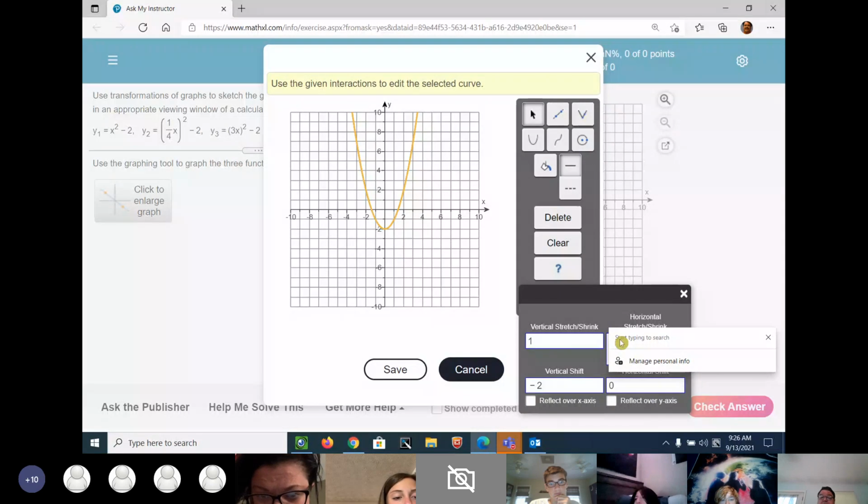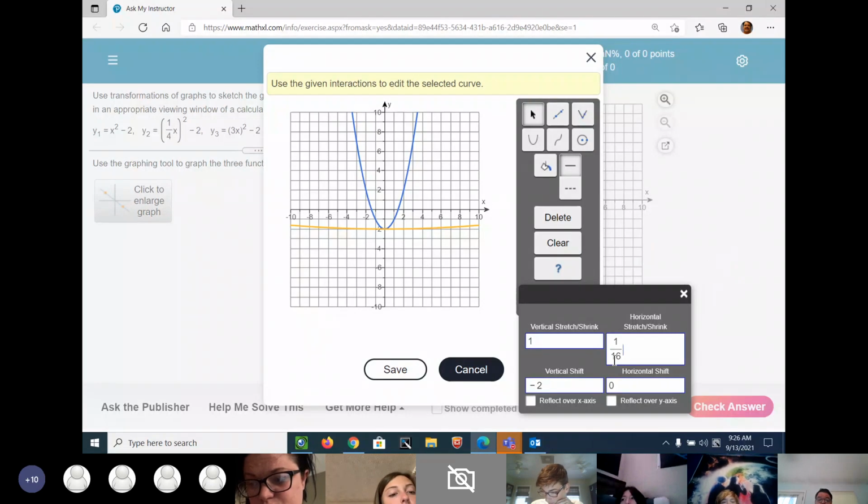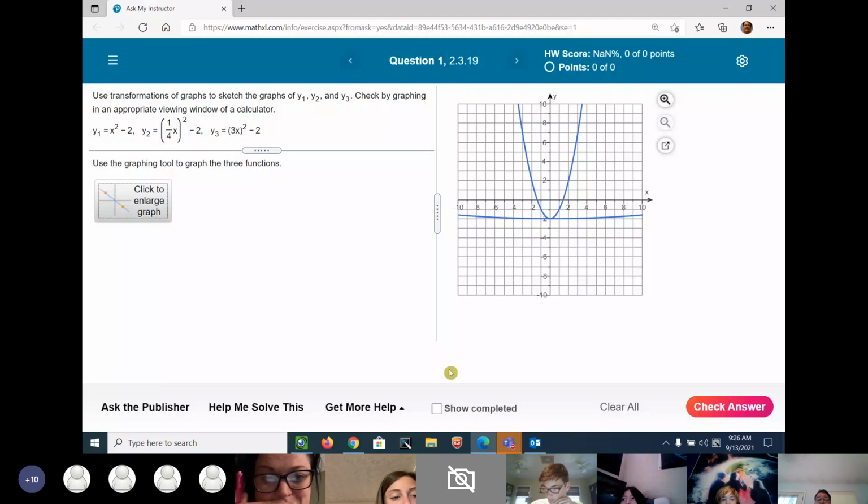One over 16. Everybody with me? Yes, no, maybe. Everybody with me? Yes. That should be it. Now they're going to mark that wrong. If they do, it's wrong. If they don't mark it wrong, then they fix the problem.